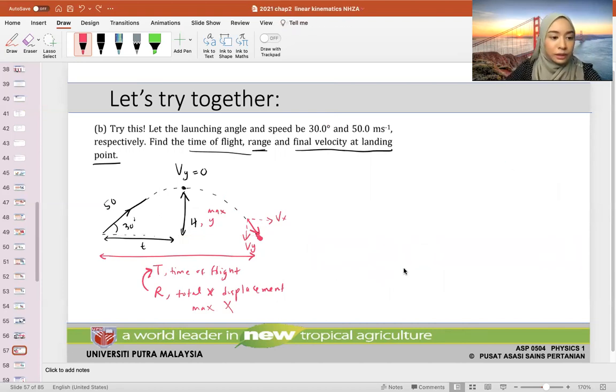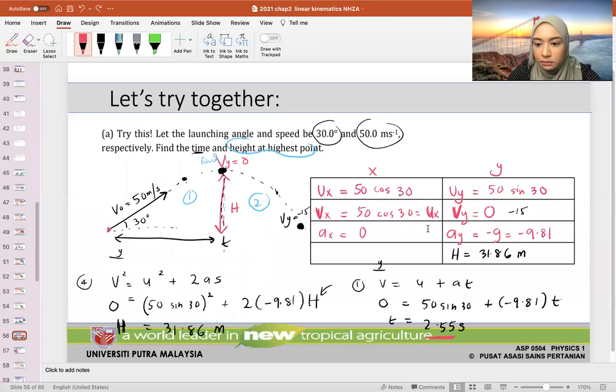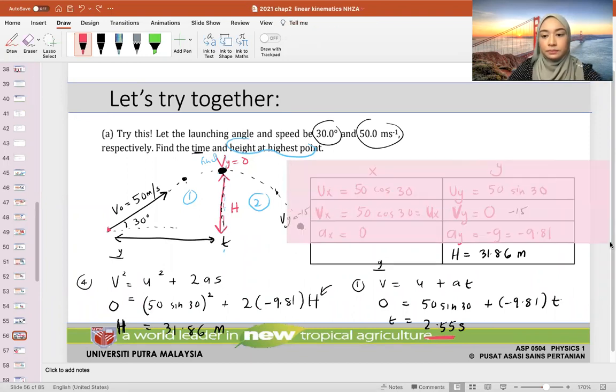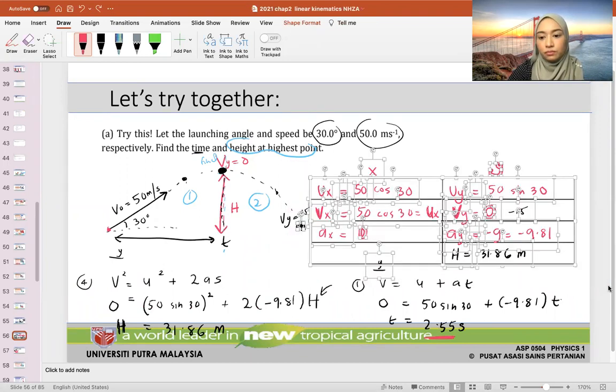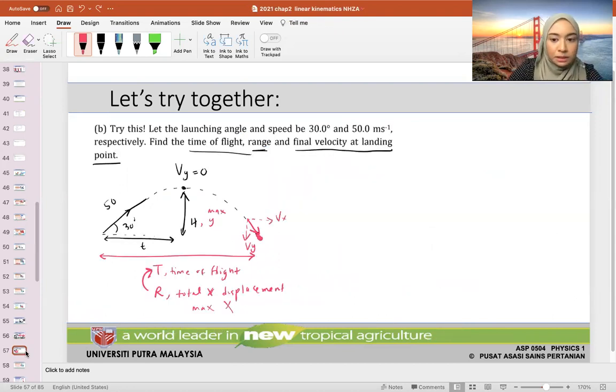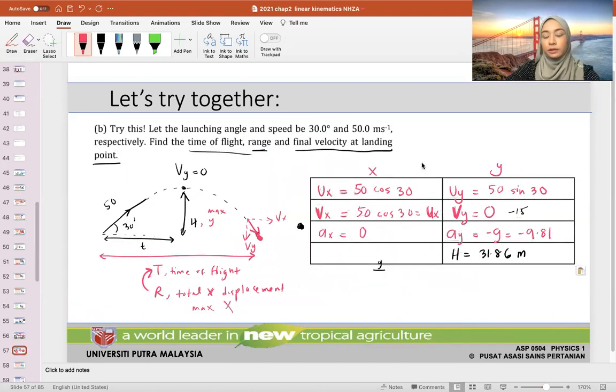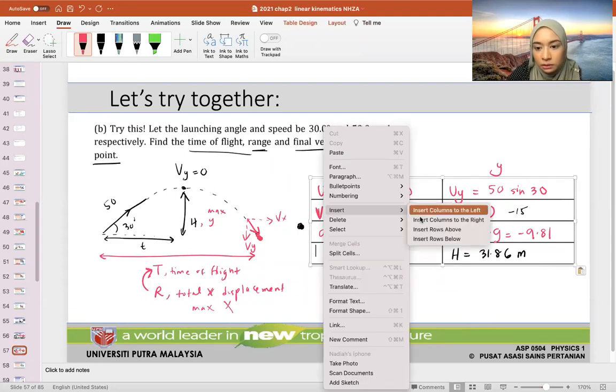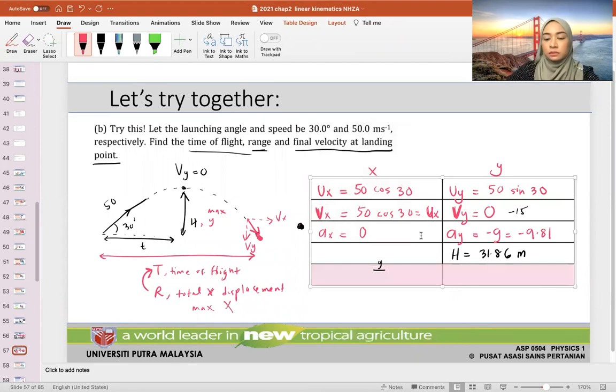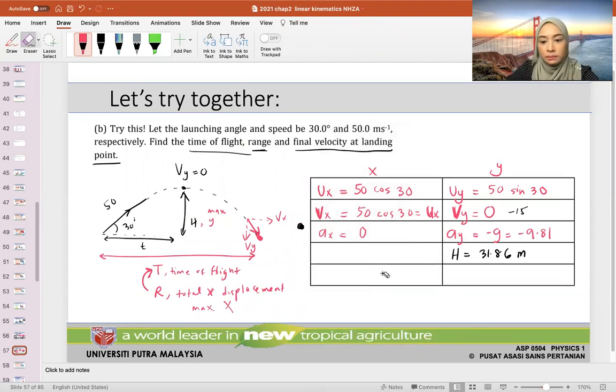This is not working out. Okay. Let me just copy lah. Kita ada, I need to copy this. Sekejap. Copy. Kita akan pakai table yang sama because it's still the same problem. Okay. So let me add another column here. Rows below. Padam.